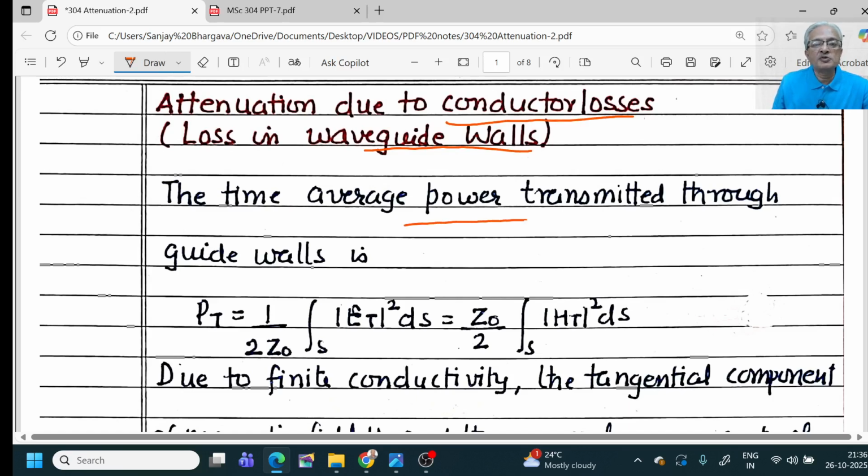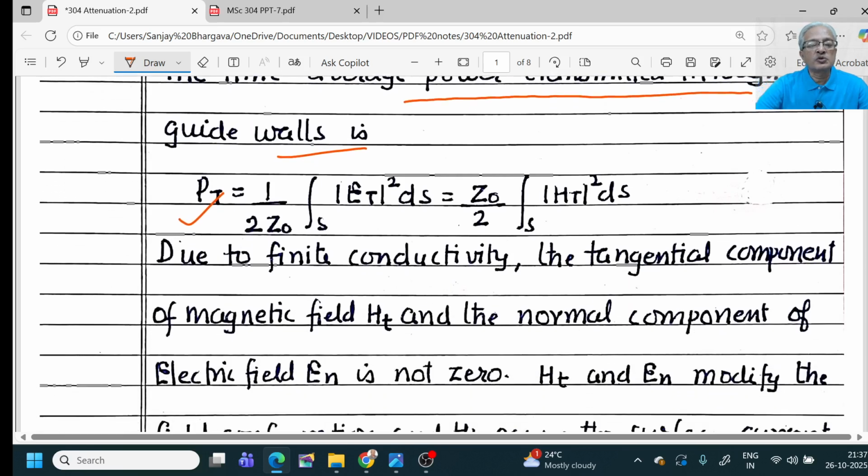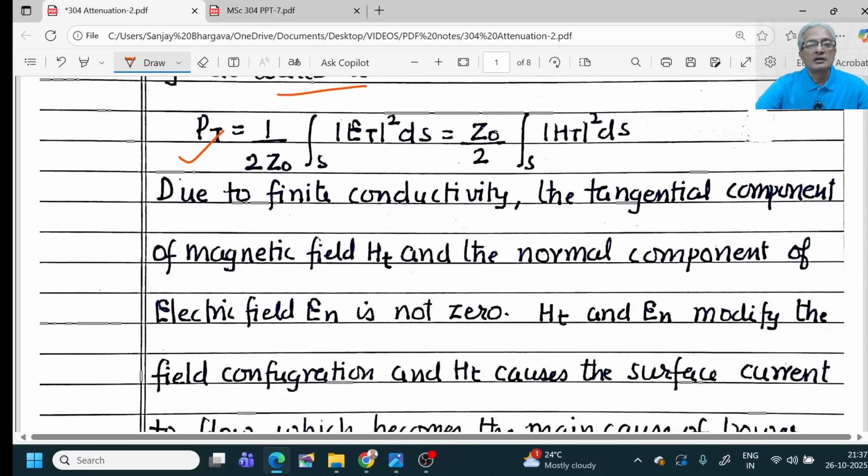The time average power transmitted through the guide walls is given by this relation: power transmitted is equal to 1 upon 2 Z0 integral of |E transverse|² ds, which is equal to Z0 by 2 integral of |HT|² ds.